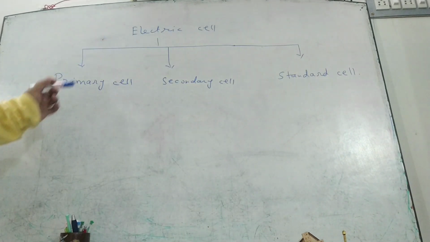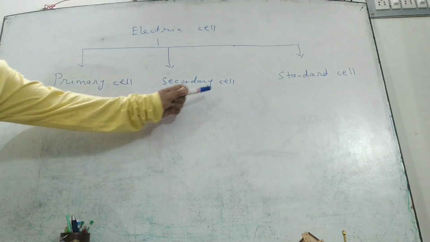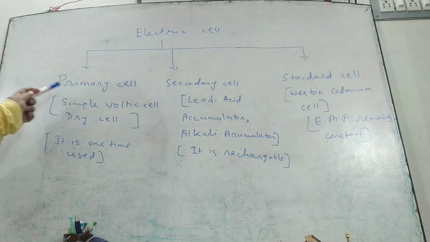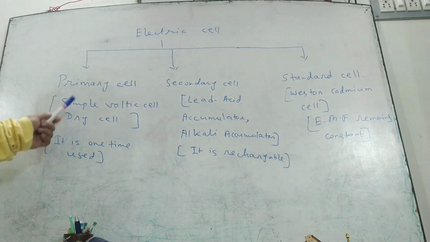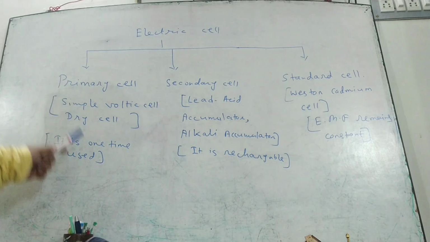Electric cells are mainly of three types: primary cell, secondary cell and standard cell. Simple voltaic cell and dry cell are examples of primary cells. It is used one time.